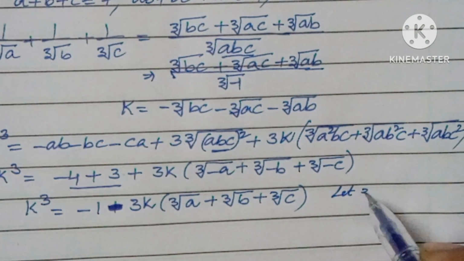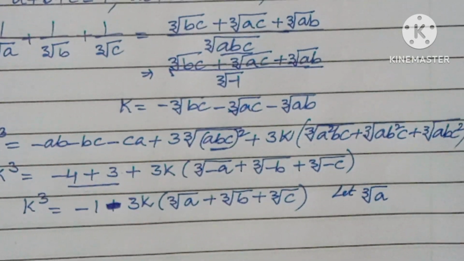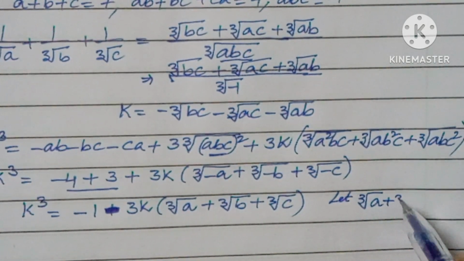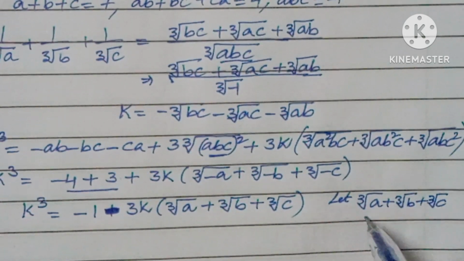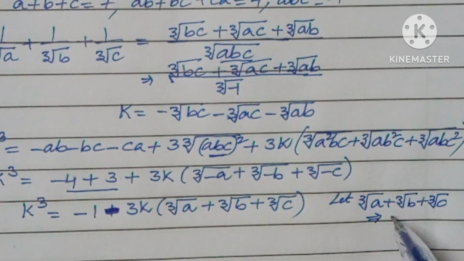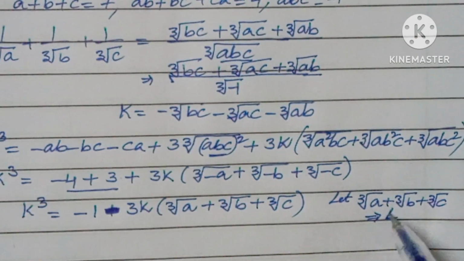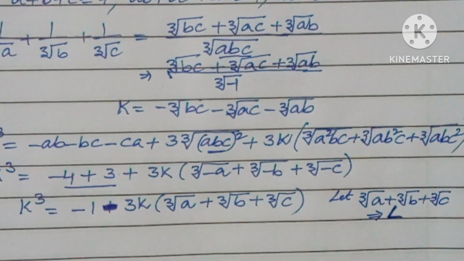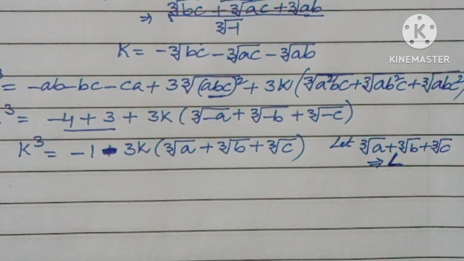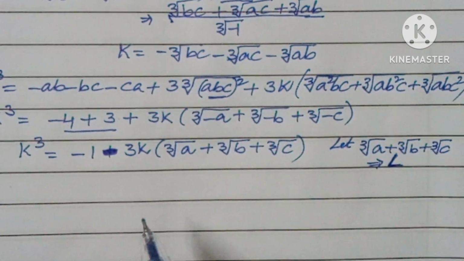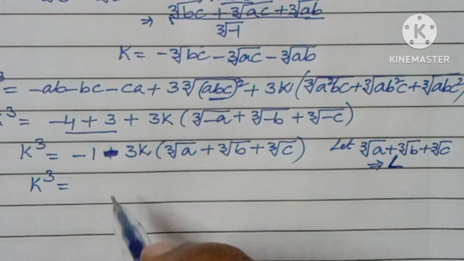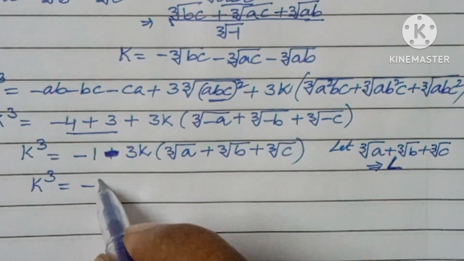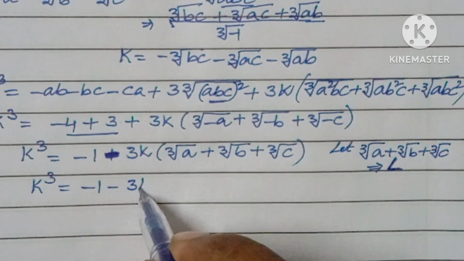Let us take cube root of A plus cube root of B plus cube root of C is equal to, let us take it as L. Now what will we get here? K cube is equal to minus 1 minus 3LK.